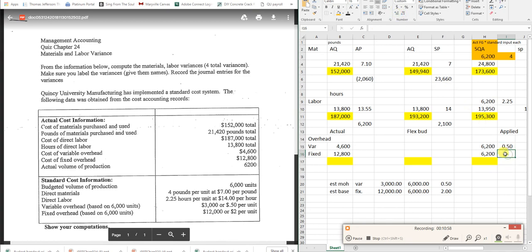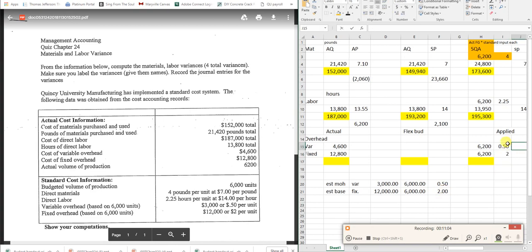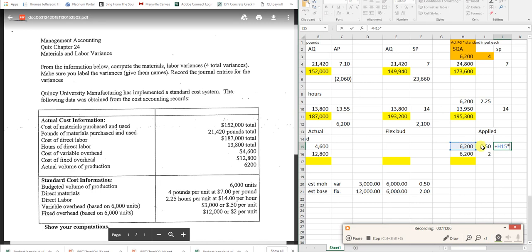And for fixed overhead, $2 a unit. Okay, so now I can take my 6,200 times my 50 and my 6,200 times my 2, and I can add those all up. And I get 15,500.